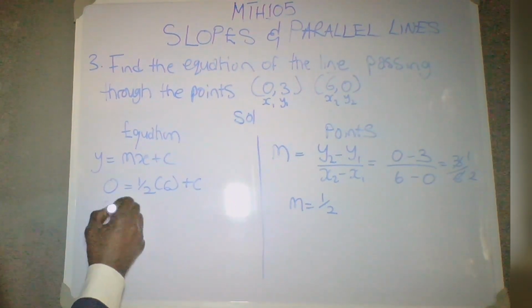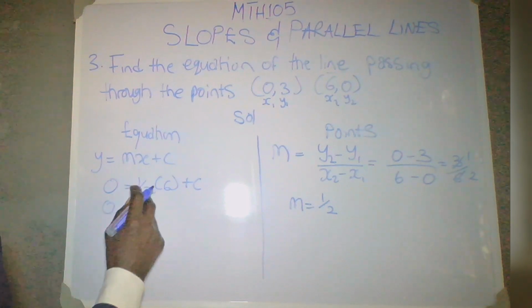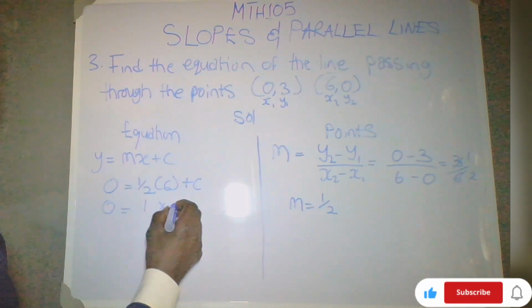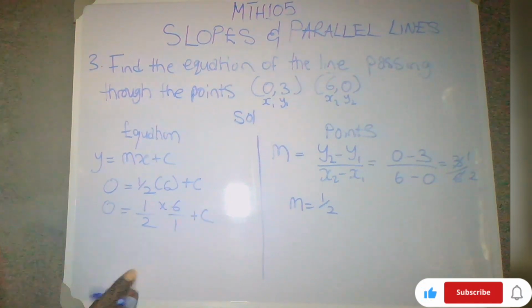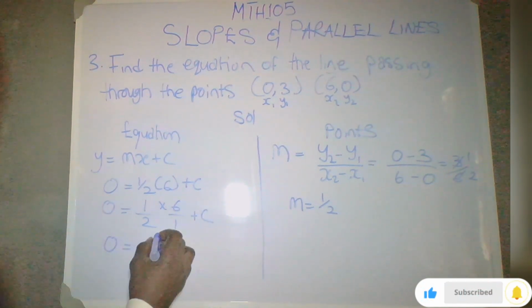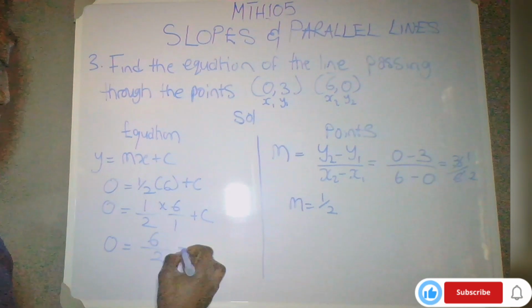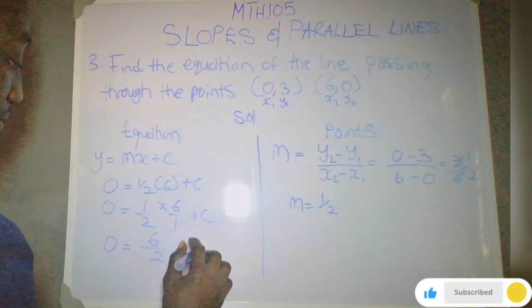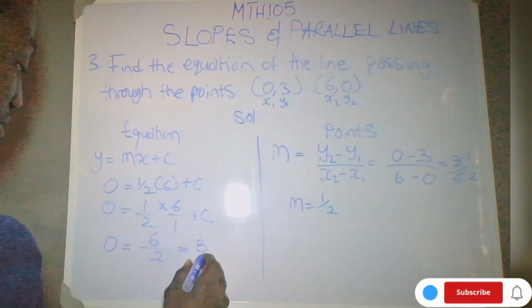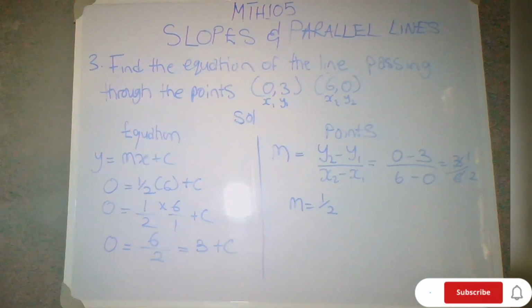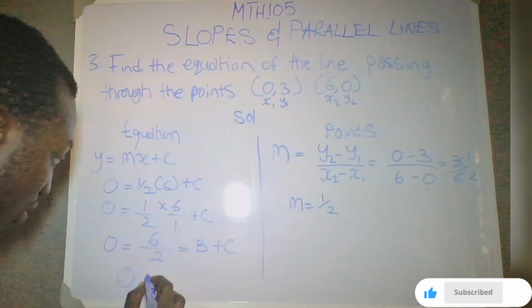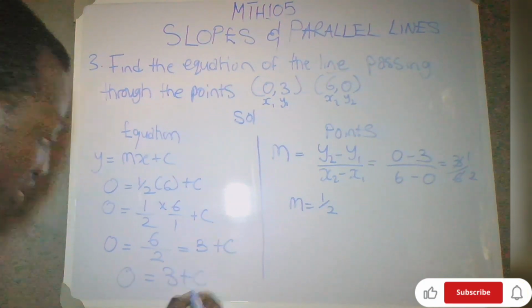So we have 0 equals 1 times 6 over 2 times 1, plus c. So we have 0 equals 6 divided by 2, and this gives us 3 plus c.